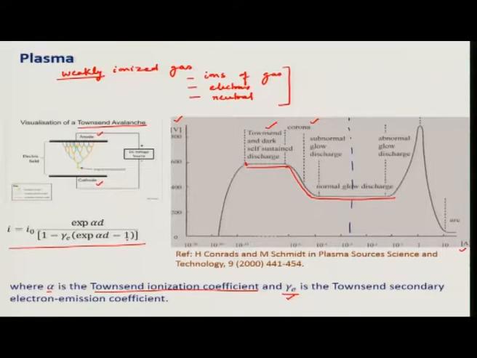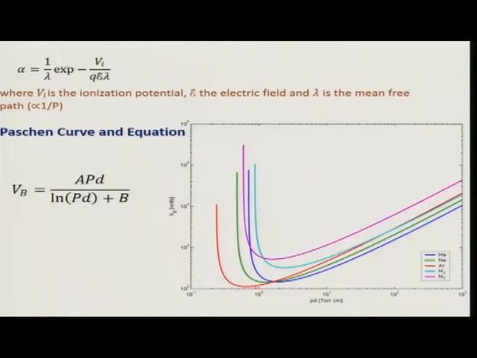Now, this alpha, which is the Townsend ionization coefficient, is given by this expression. Let me give you the brackets here. And Vi is the ionization potential of the gas atom or molecule.